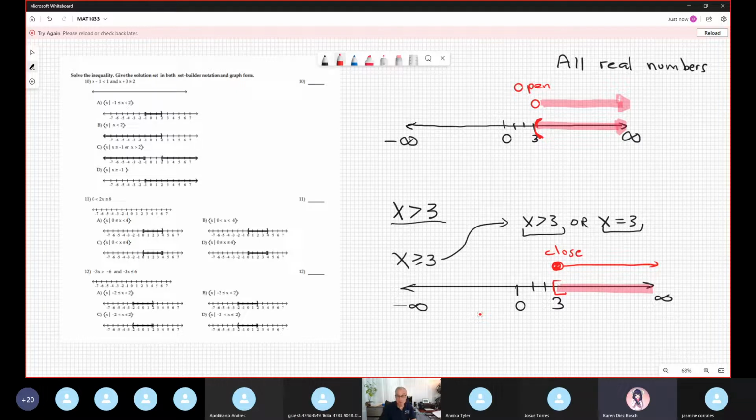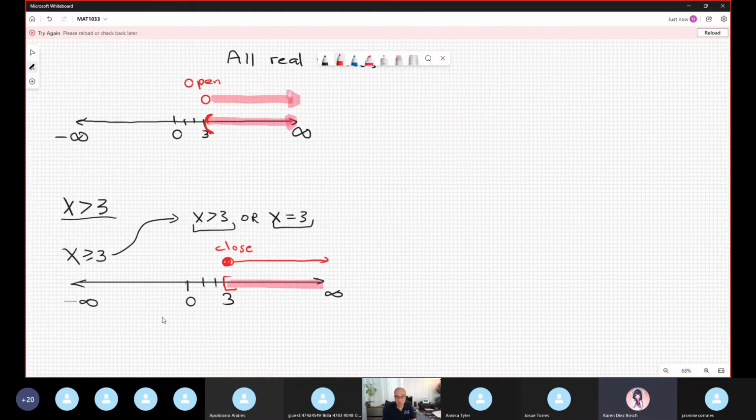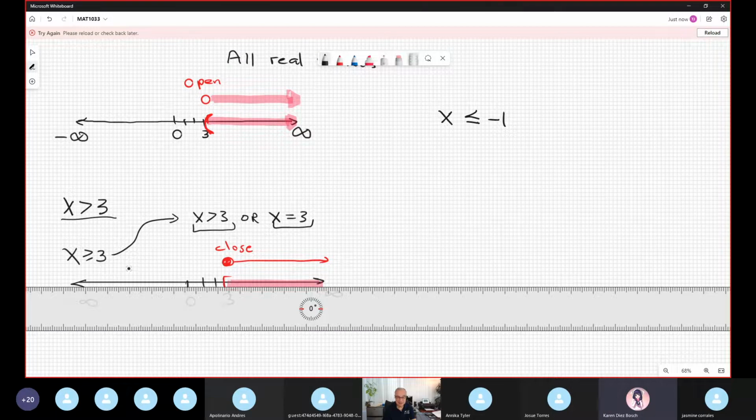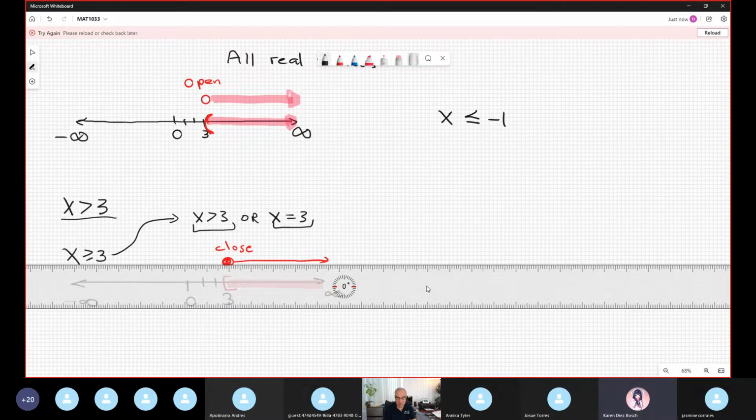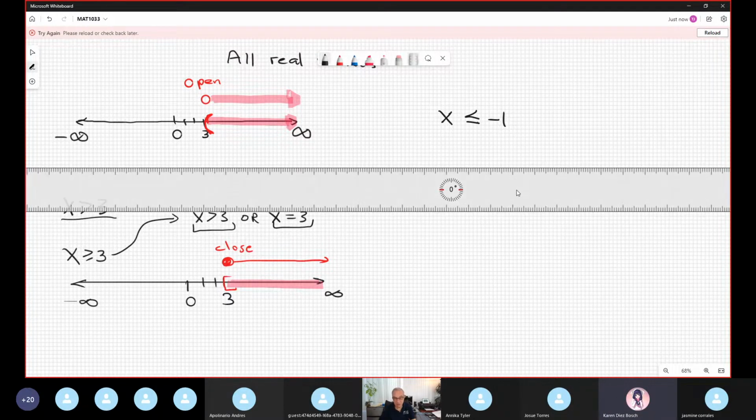Let me try another possibility, another explanation similar to this. Suppose you have x less than or equal to -1. Now my goal is to represent this interval geometrically using the number line. This is super useful, the geometric representation for the inequality.